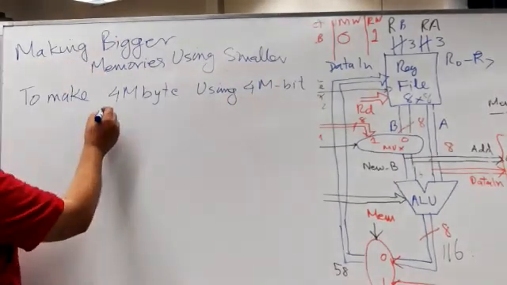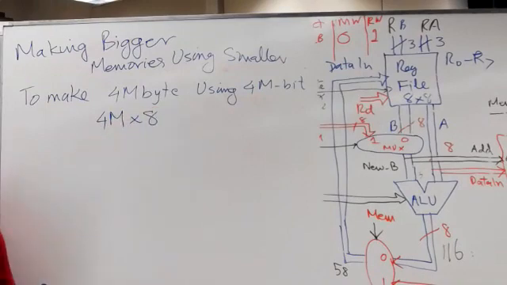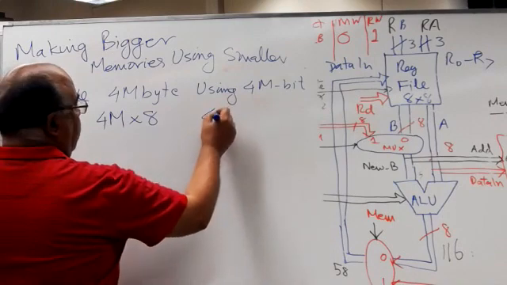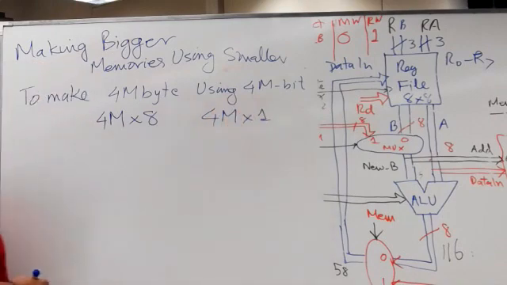So 4 megabyte means 4 million locations, but each location has 8 bits of data. Here 4 megabit means 4 million locations, each has 1 bit of data.